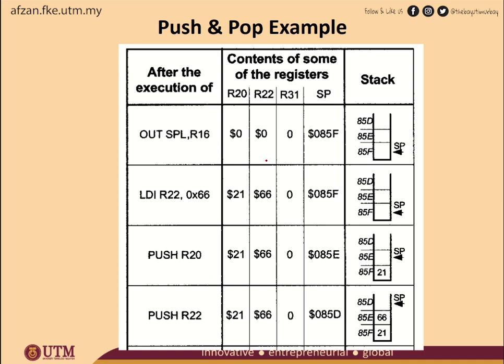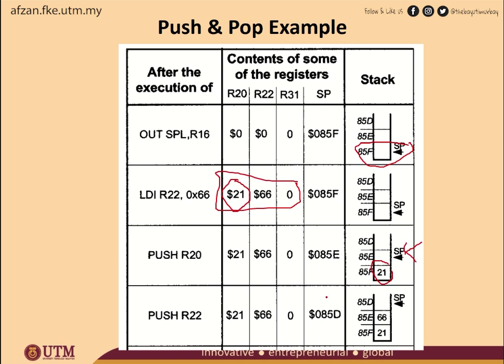So this is what happened when you initialize the stack. You see here the stack pointer pointed to this address. This is what happened after you execute the load I R22 with 0x66. All the values inside the registers are already there. You load that, and then you push R20. You take the value from R20, put it to your stack, and your stack pointer is decremented by 1.